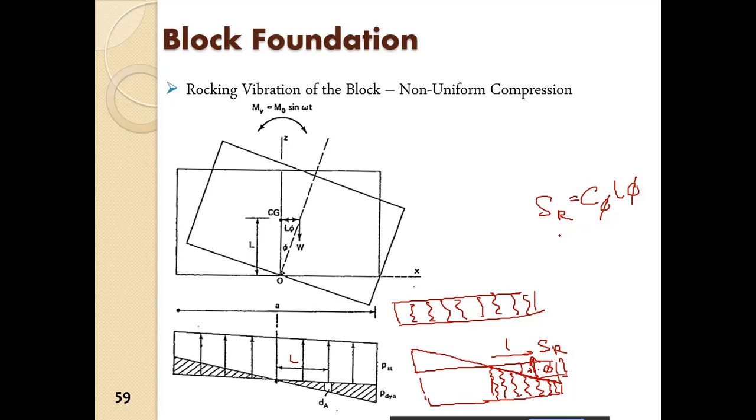Now that is per unit area, that is soil reaction per unit area. So this is C phi into L phi. So now the total force in this area of dA magnitude is equal to C phi L phi into dA. So that is the total force.